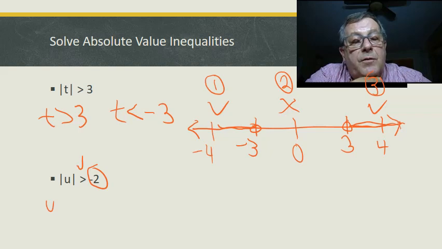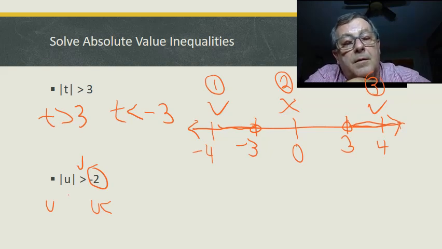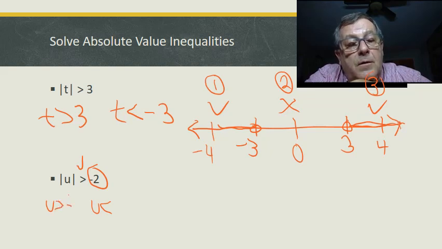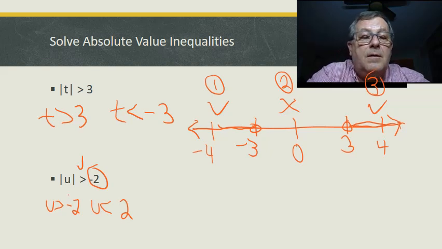So we've got u is greater than 2, and u is less than, oh, that's greater than -2, right over here. u is greater than -2, and u is less than 2.